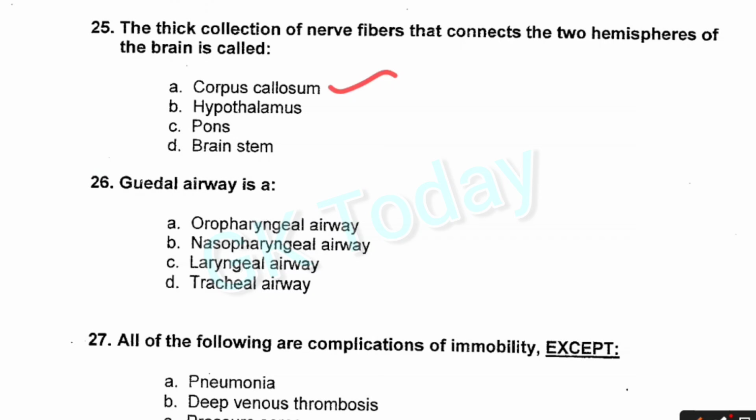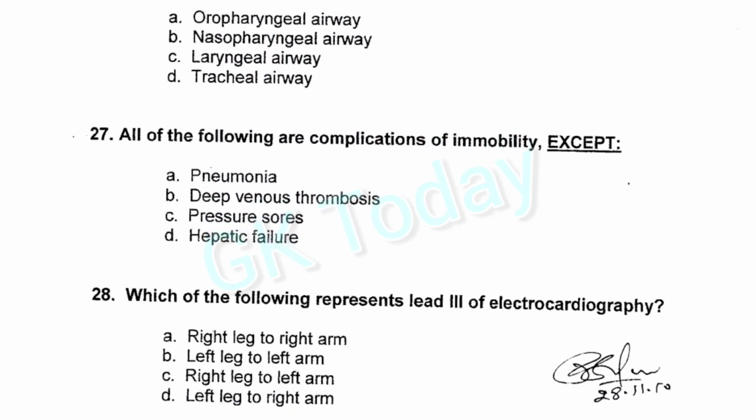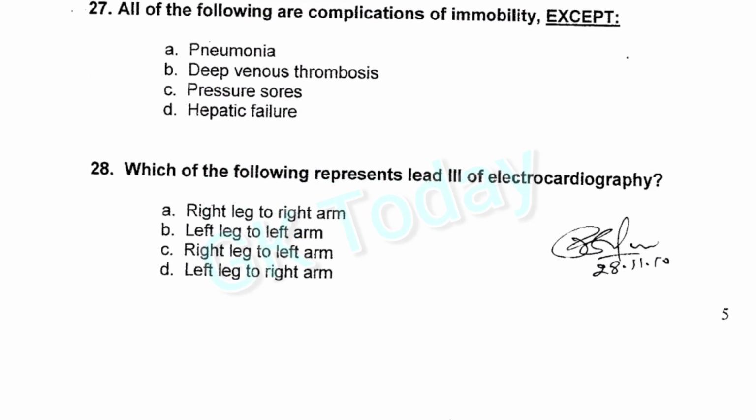Correct answer is option A, oropharyngeal airway. Question number 27. All of the following are complications of immobility except? Correct answer is option D, hepatic failure.